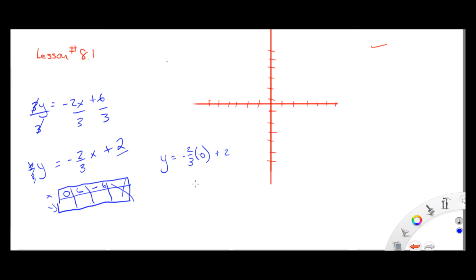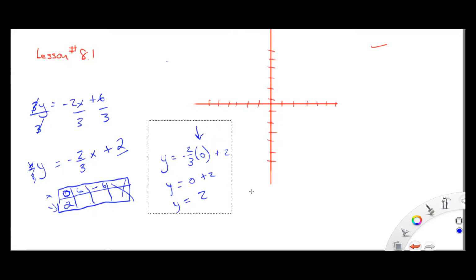Well, 2 over 3 times 0, what does that equal? 2 over 3 times 0 is 0. Anything times 0 is 0. So y equals 0 plus 2. y equals 2. So when x is 0, then y is a positive 2, okay?